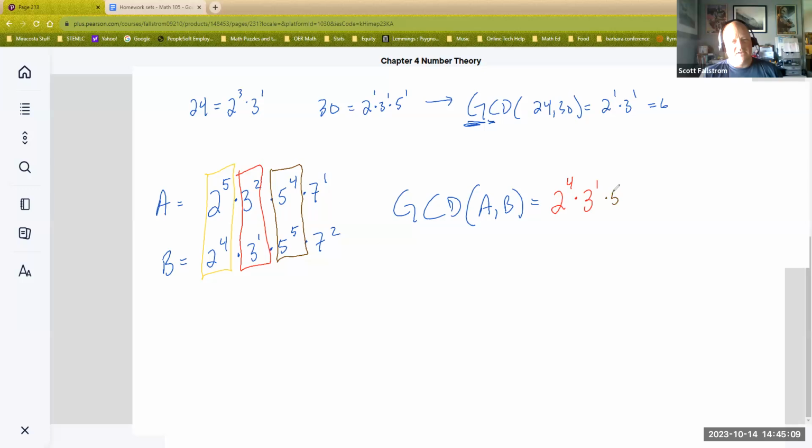And we'd have to say, oh, that's 5 to the 4th power. And lastly, what about these 7's? What's the most 7's that's in both numbers? And the answer is 7 to the 1st power. So there is our GCD.